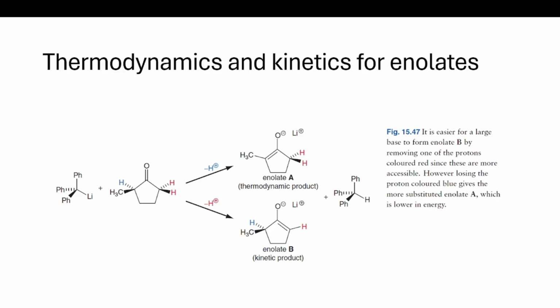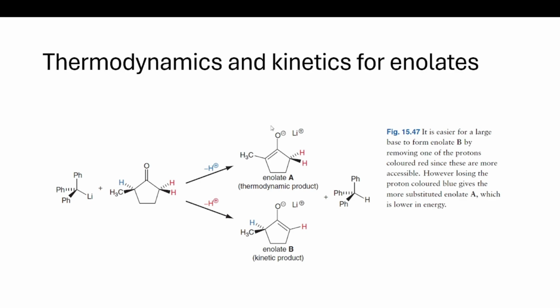Now, going on about enolates, thermodynamics and kinetics can affect it. And so, for example, with this particular base and this particular ketone, we can abstract away different protons, as you can see, and we get both a thermodynamic and kinetic product.